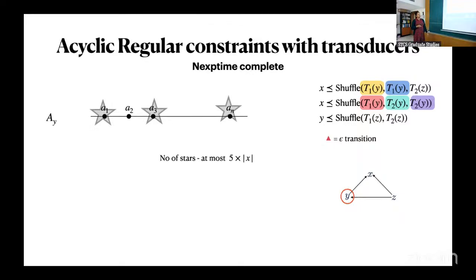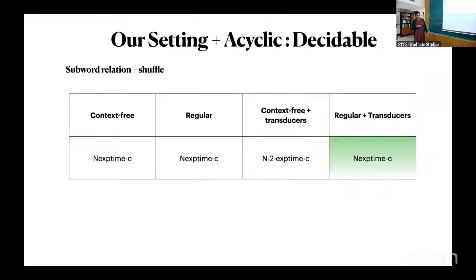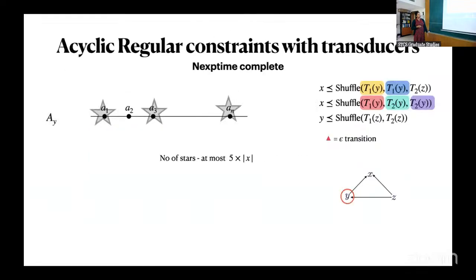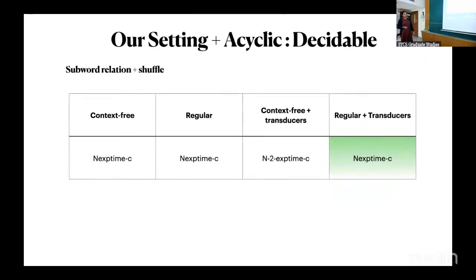The number of stars is going to be here. If there were like 5 different copies running, it will be 5 times the length of x. And then I will look at the product of these runs when the same states repeat. So in the case of regular, hence we get a non-deterministic exponential time upper bound.